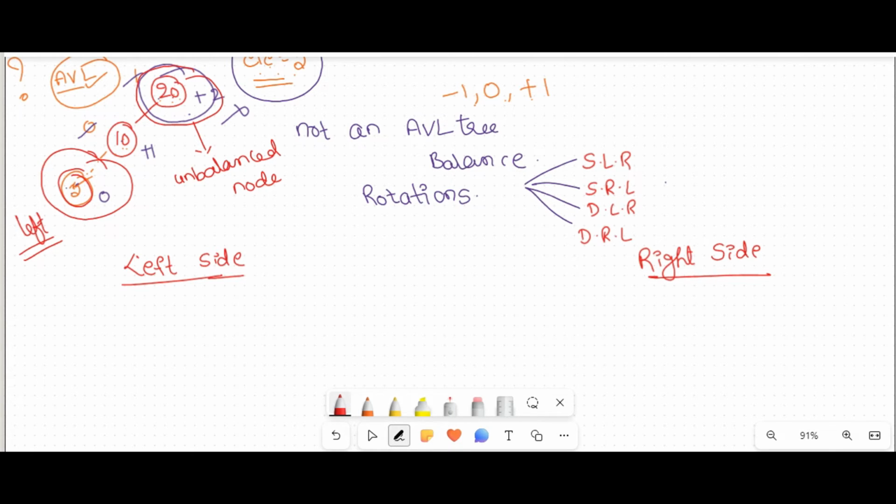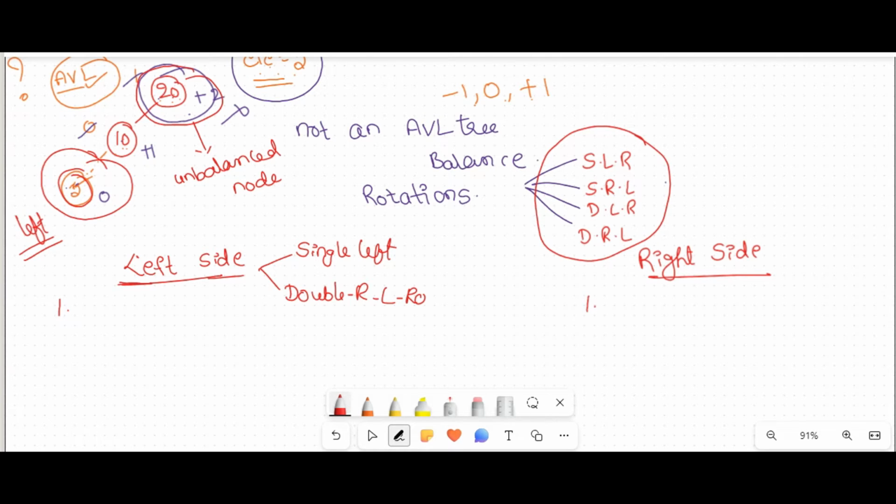If you understand these two cases, inserted on the left and inserted on the right, then it is easy to perform rotations. If you have inserted on the left side, there are two possibilities: single right rotation and double left-right rotation. So we have 4 rotations in total, and we divide them into 2 sets: here you get 2, and here you get 2.